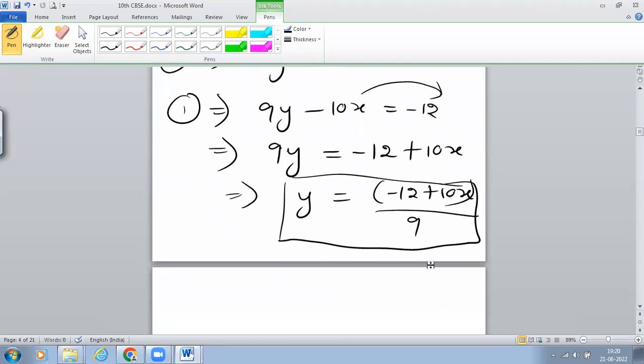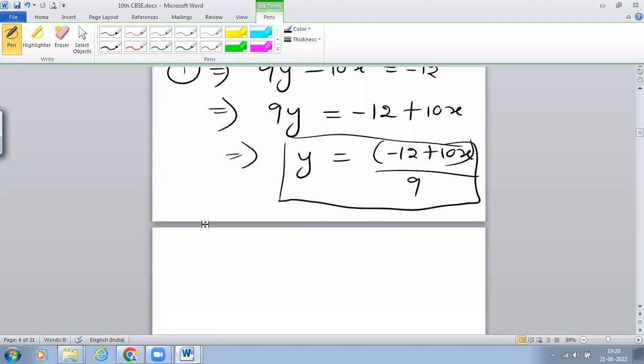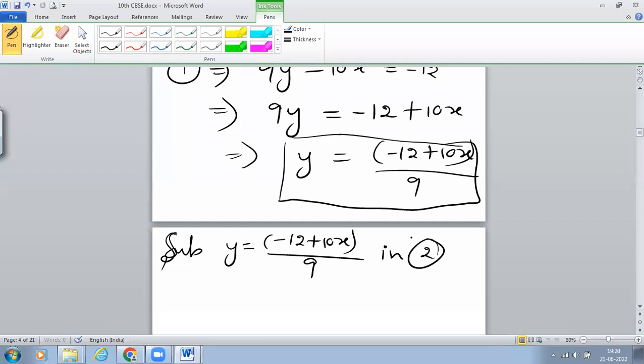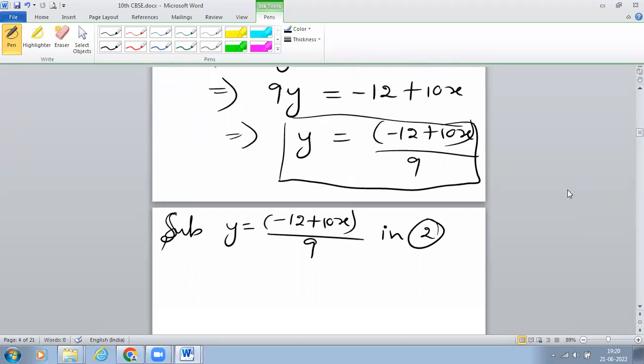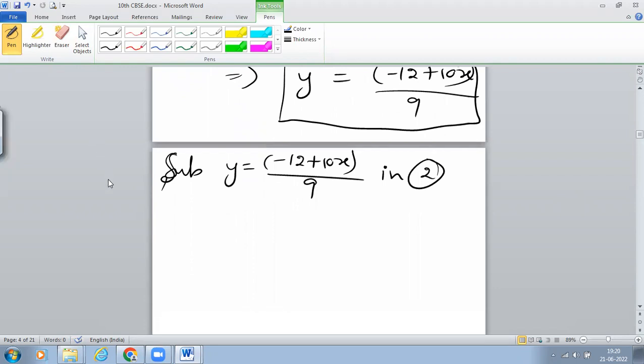Now we have to substitute this in equation number 2. So substituting y is equal to minus 12 plus 10x divided by 9 in equation number 2, the next equation. Because with the help of equation number 1 only, we have got y is equal to minus 12 plus 10x by 9. Now we have to substitute that in the next equation, that is equation number 2. So I'm going to write the next equation.